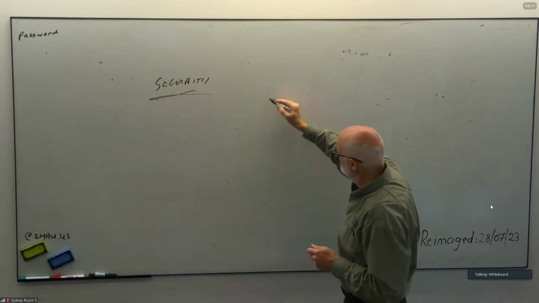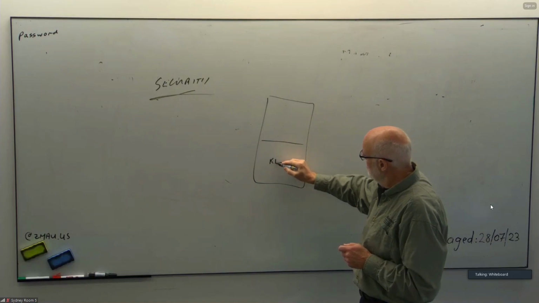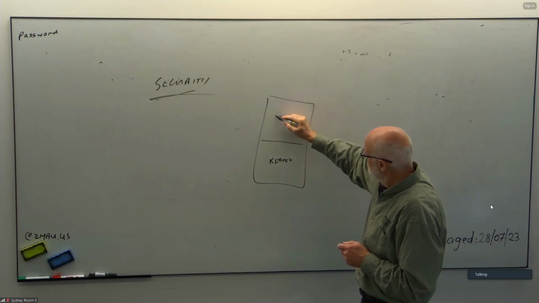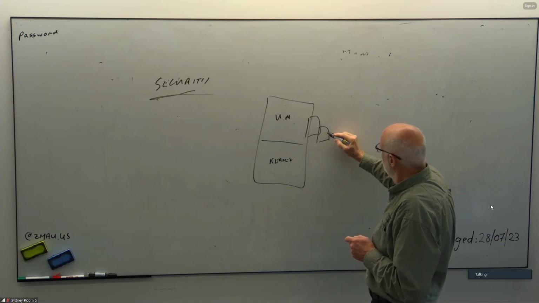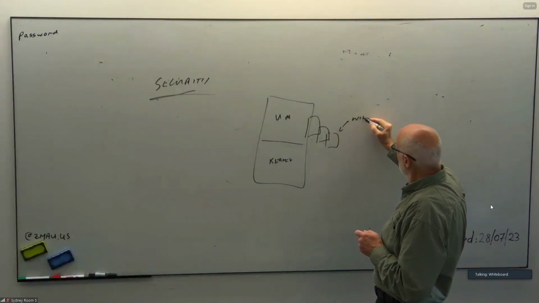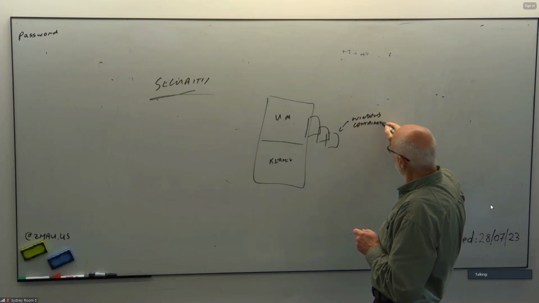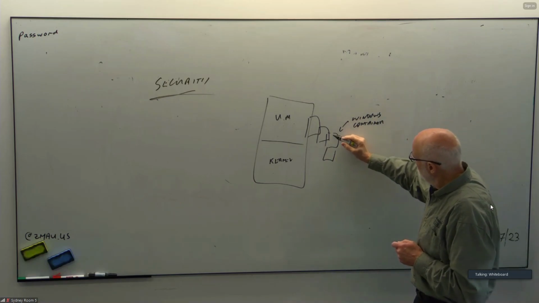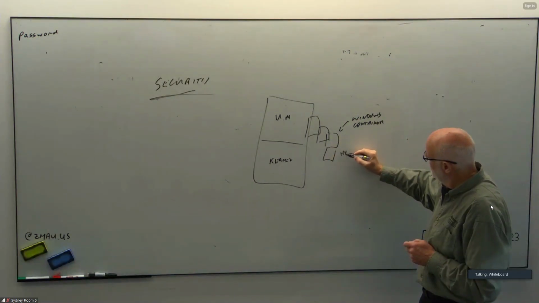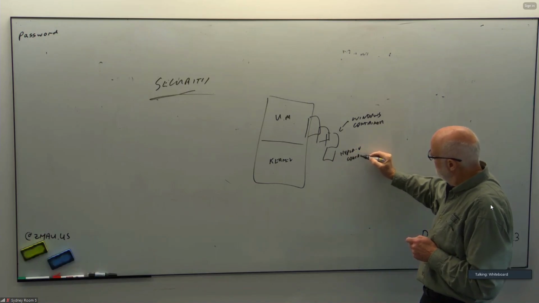So one of the big things there is we looked at this concept of kernel, user mode, Windows container, adding a nano kernel to it. We got a Hyper-V container.